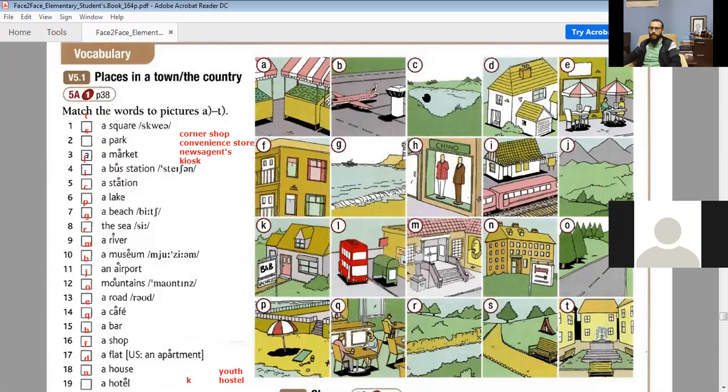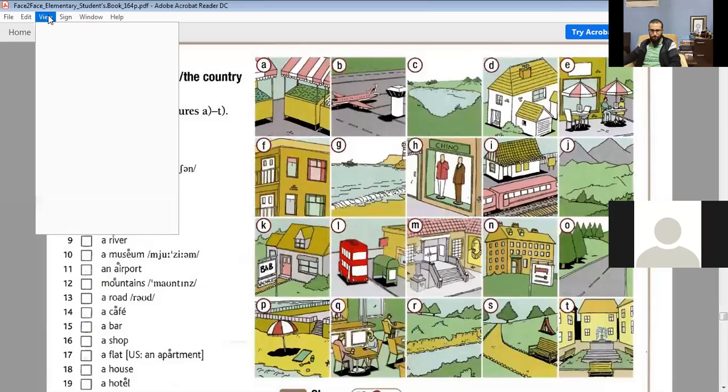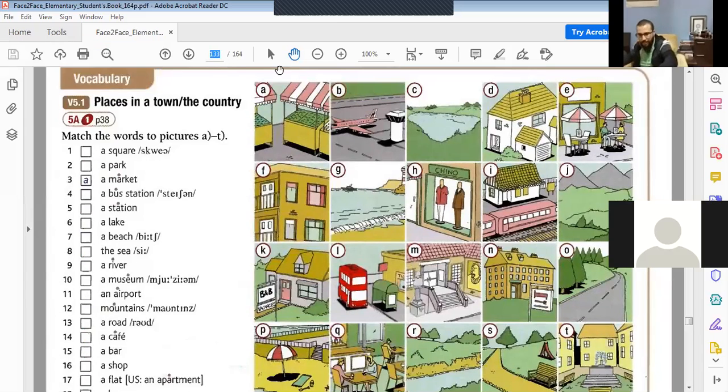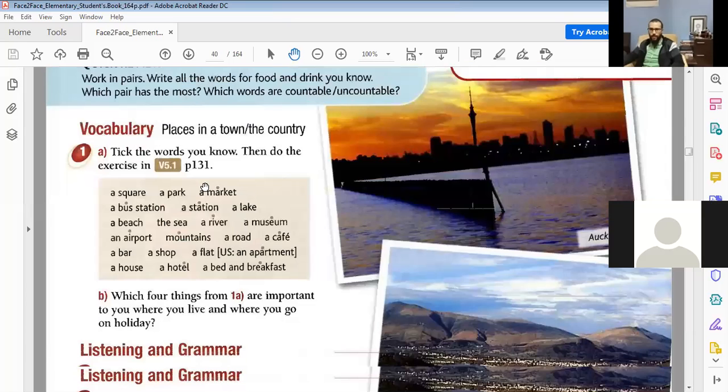Okay, so these are places in the country or in the city. Some of them are natural, some of them are not natural. So let's go back to the exercises. And we have this question.